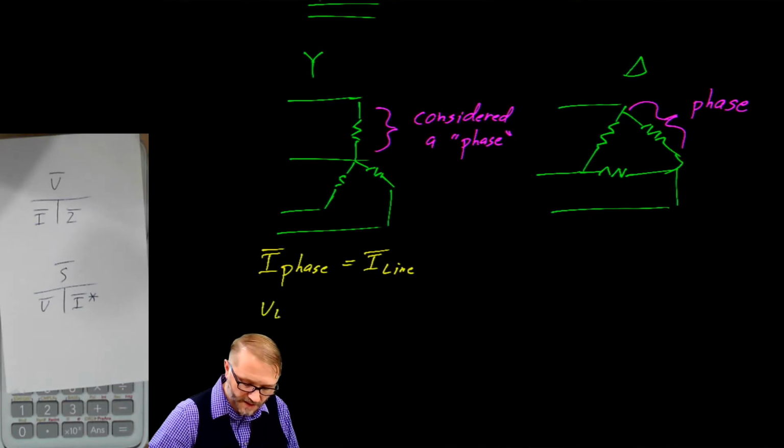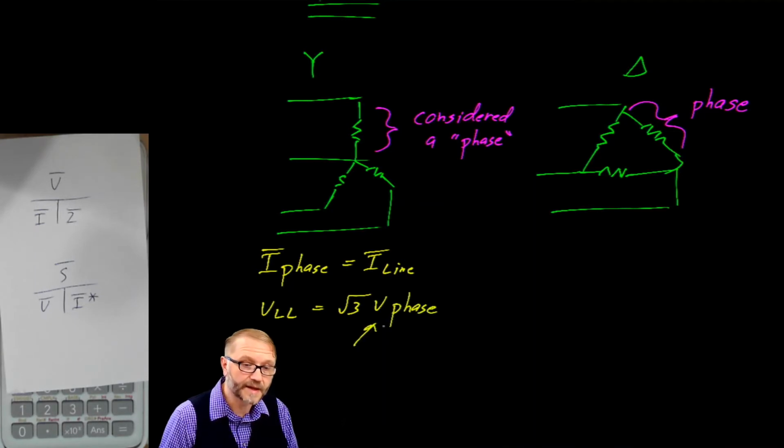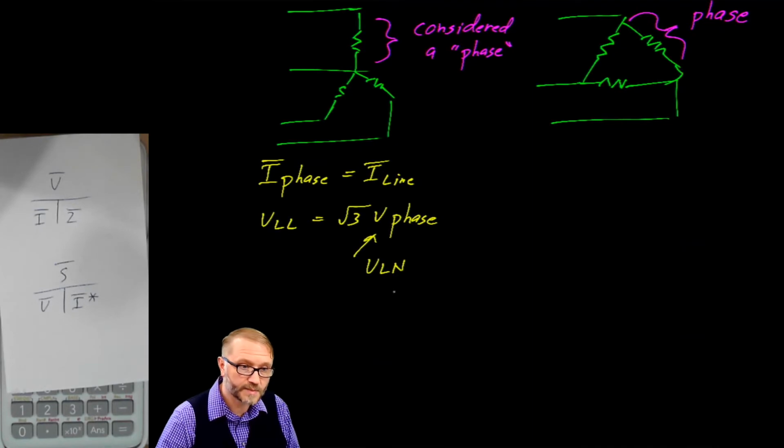The voltage line to line is equal to root 3 times the voltage phase. We've used this quite a bit already, except we didn't call it phase. We probably called it voltage line to neutral. You'll notice I did not use vectors in this case because we are purposely ignoring a 30-degree phase shift that's associated with this conversion.